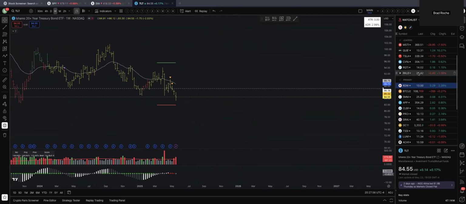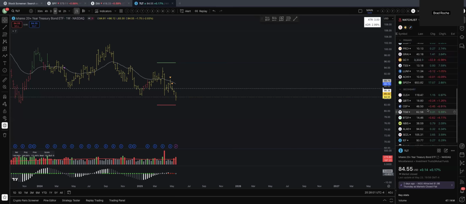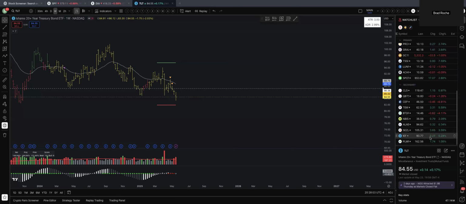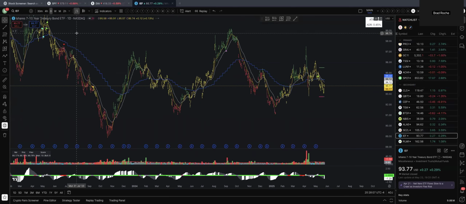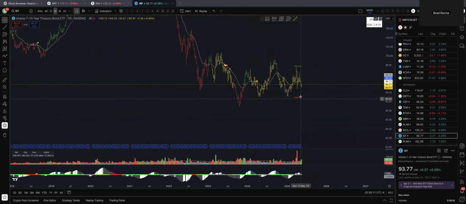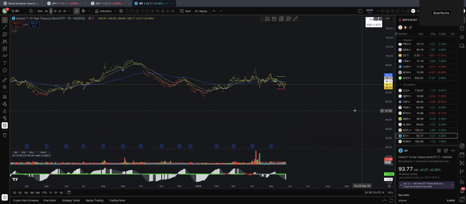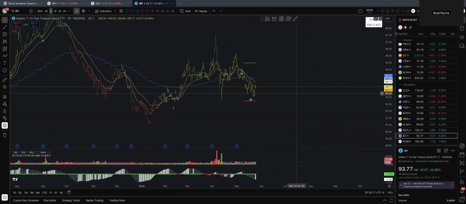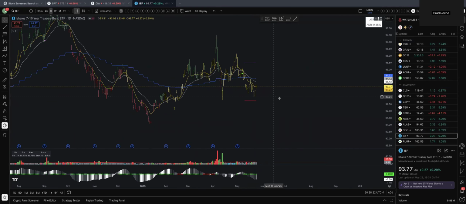But another one that I've found as I've been looking through is IEF. So this one, I am looking at whether we can trade it to the upside. This one seems to be one that we could trade as well, but it's a similar story of inverse relationship.